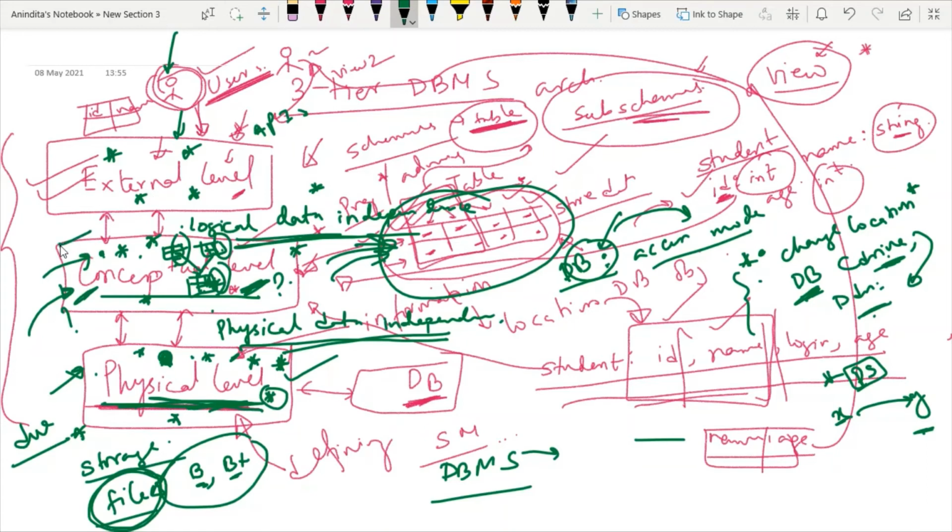Or if there exists a table in the conceptual level with many columns like student id, student name, student age, we can break that record into two parts. Breaking an existing record into two or more records is known as a logical change in the conceptual level. However, this change will not affect the external level.